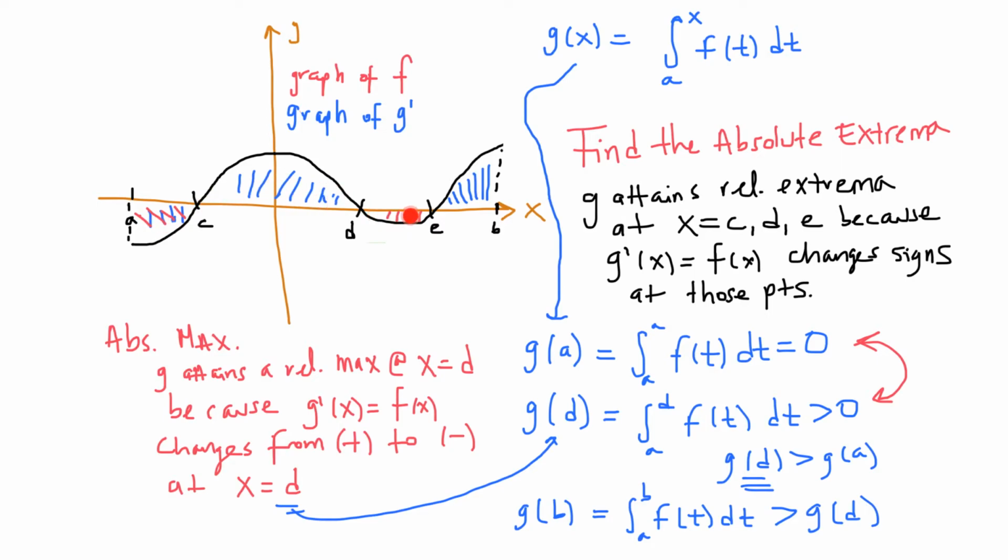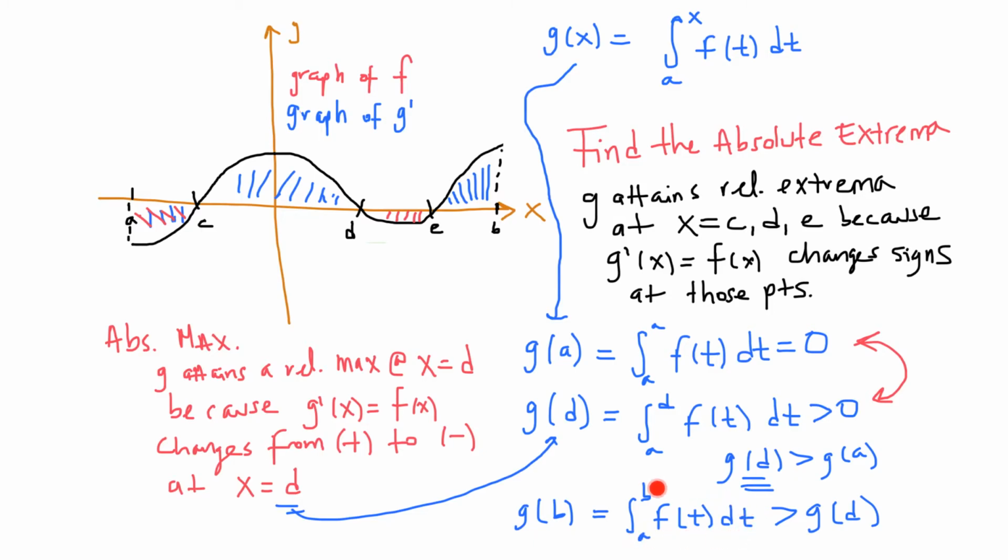I'm going to lose some of it, but then I'm going to gain it back and some extra amount, because the area from E to B, I can see clearly that it's more than the area from D to E. So then this statement must be true.